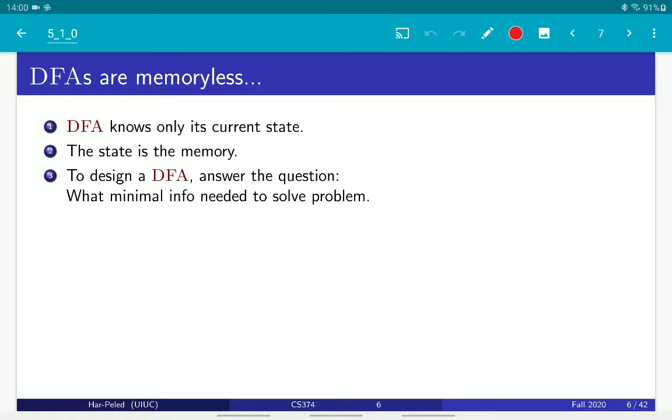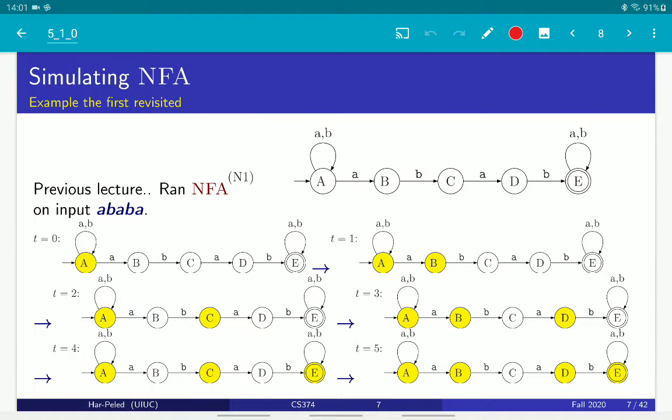All you know is what is here and now, similar in spirit to this movie called Memento. And essentially, when we want to design a DFA, the real question we are asking is what's the minimal information that you need to remember and how to encode it as a state. Once we answer this, usually the DFA construction becomes very easy.